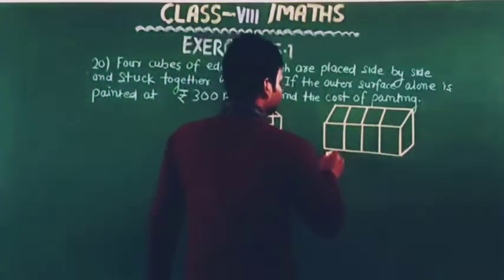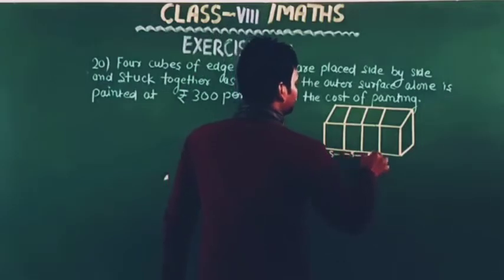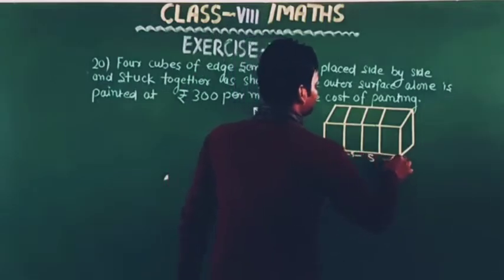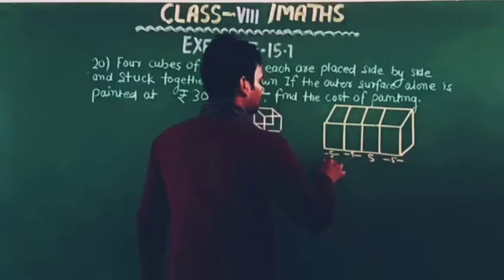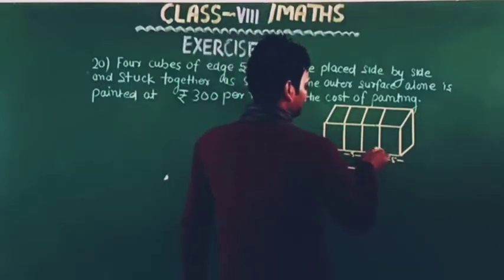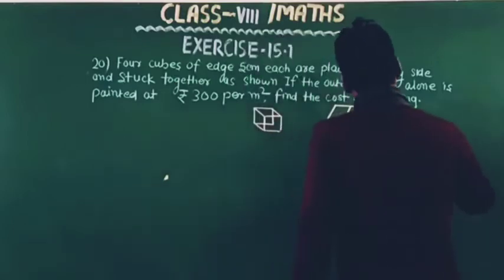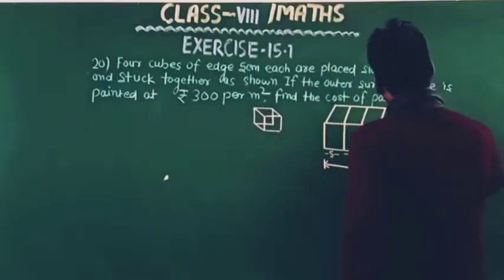So this is 5 cm, this is 5 cm, this is 5 cm, this is 5 cm. So overall, the length of this solid is 20 centimeter and this is 5, this is 5.